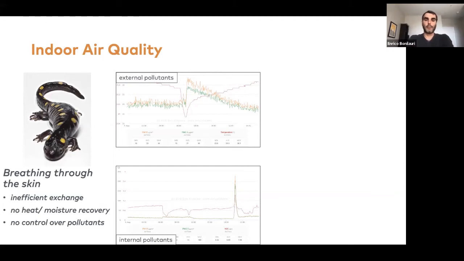And at the bottom of the slide, you see the same monitoring in case of pollution coming from the inside, that is from cooking. If you don't have an exhaust in your kitchen and you just rely on window ventilation, then you're compromising the quality of the air by having to open the doors and exposing yourself to the quality of the air on the outside.